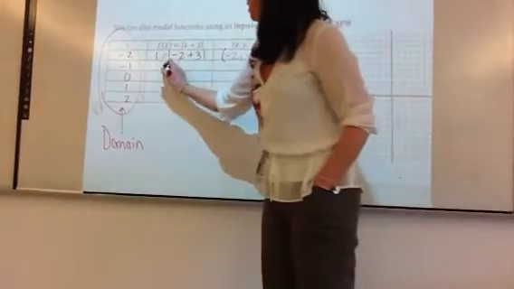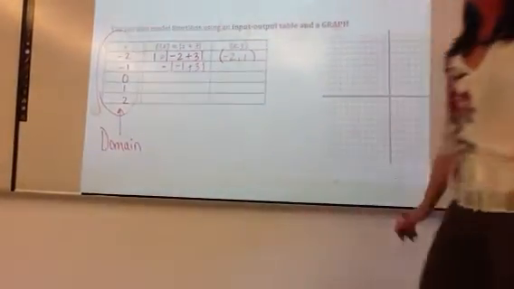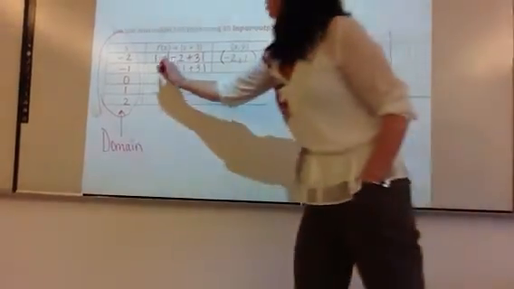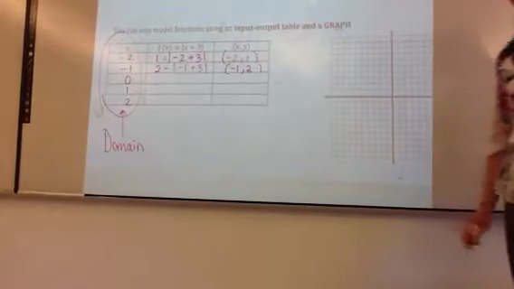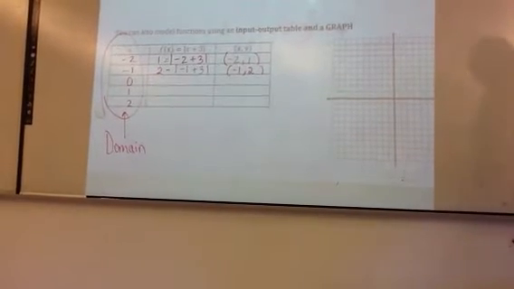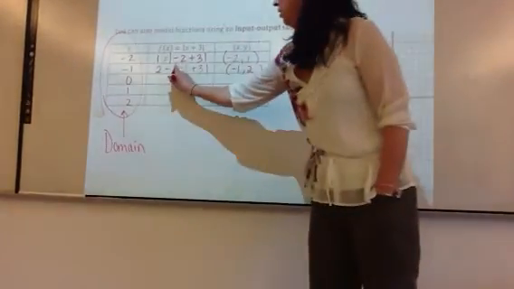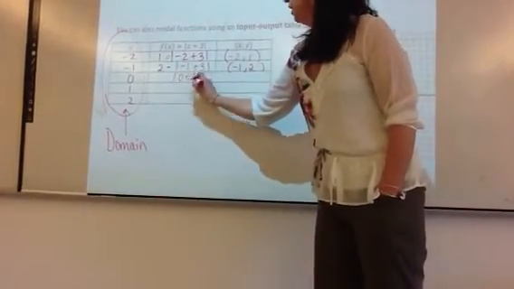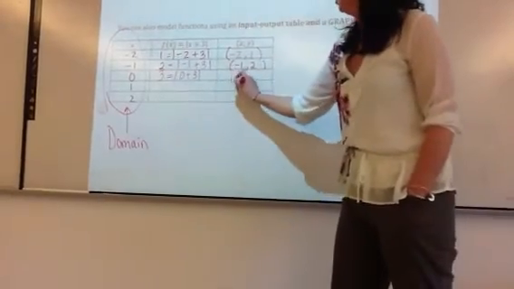So here we go. We're going to put in -1, add 3. -1 plus 3. Absolute value, we get 2. Okay? Plug in 0. 0 plus 3. Absolute value stays 3.